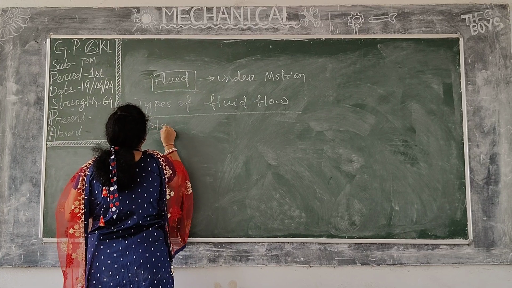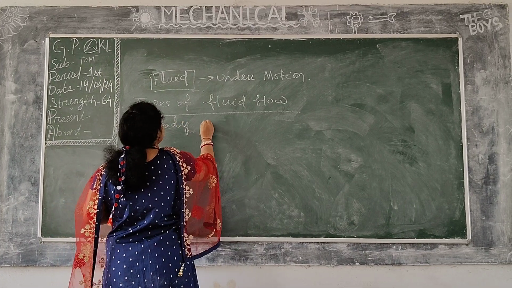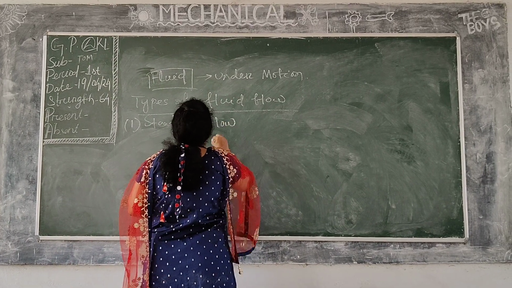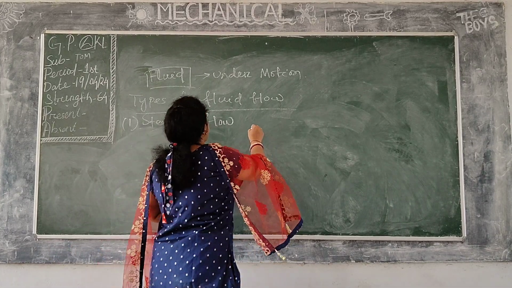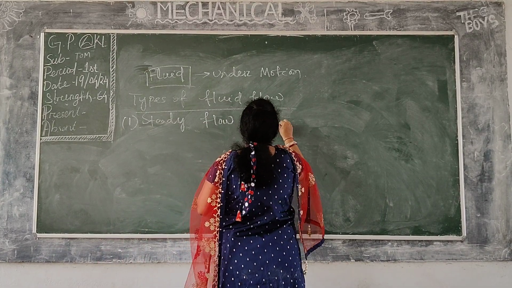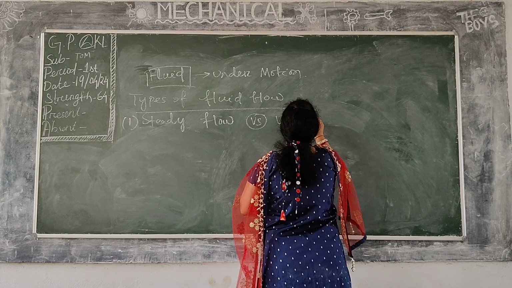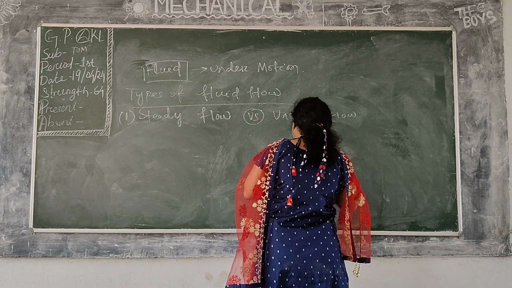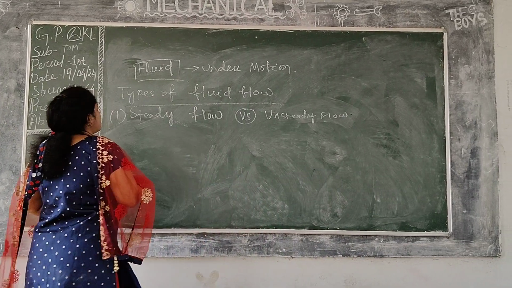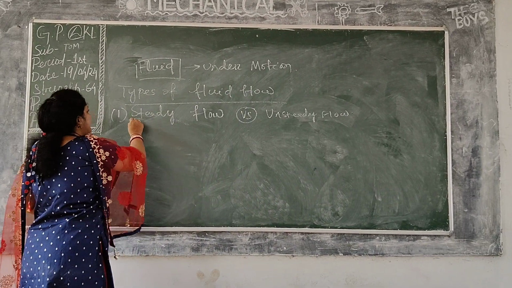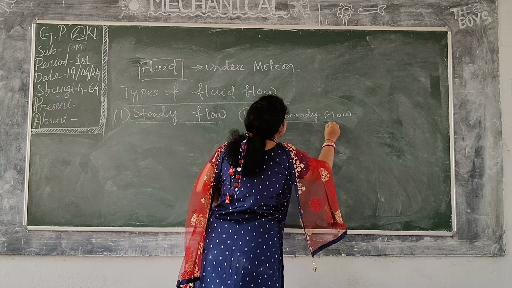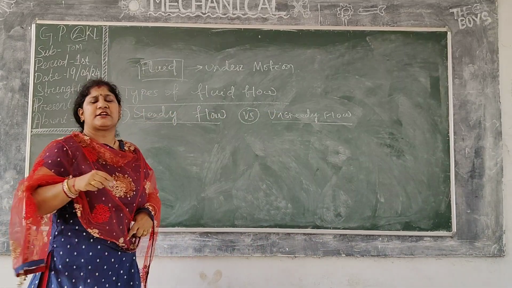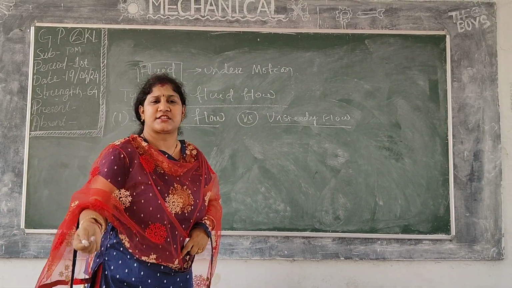one is steady flow, and opposite to it we have unsteady flow. Okay, so we know this steady flow and unsteady flow depend on different types of fluid characteristics.